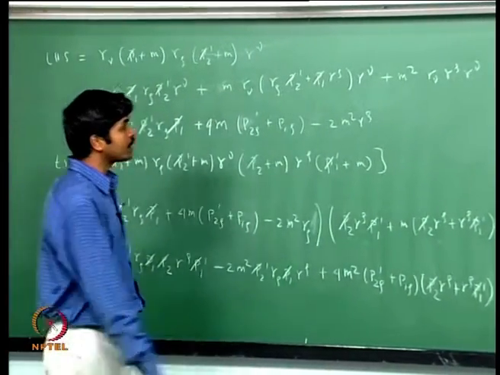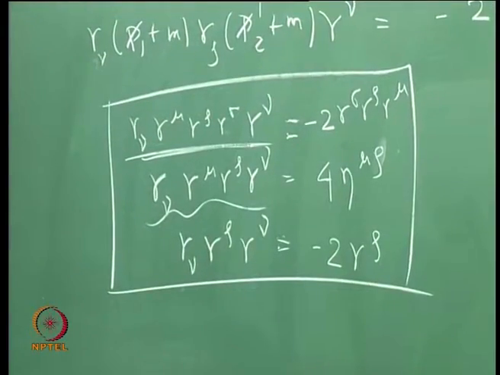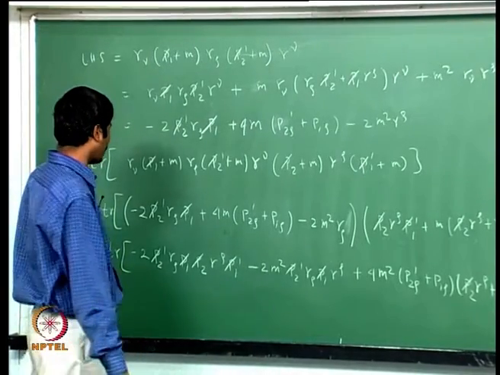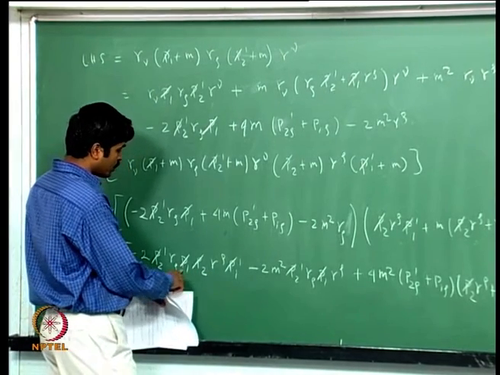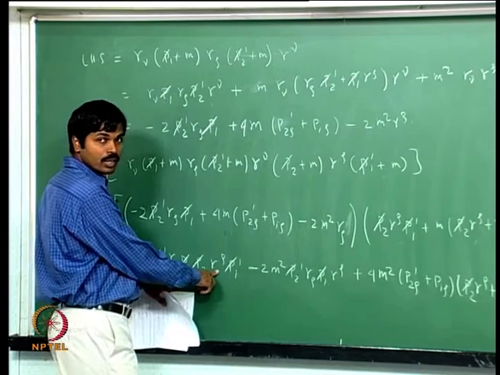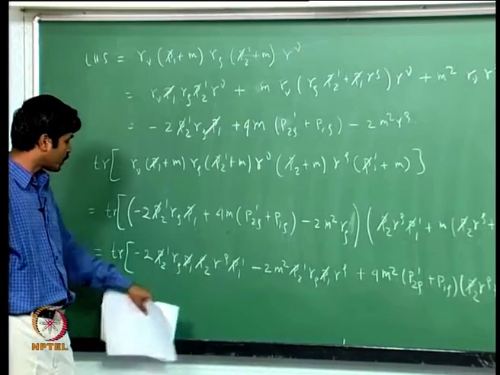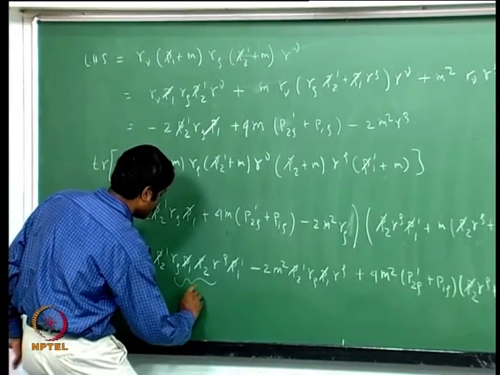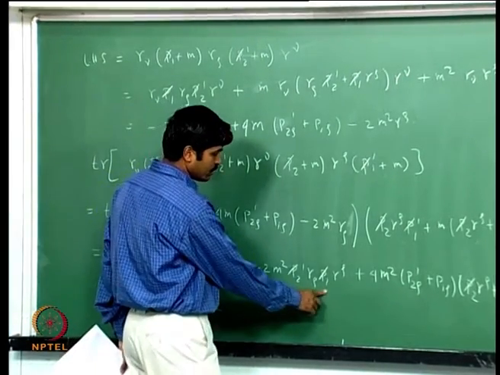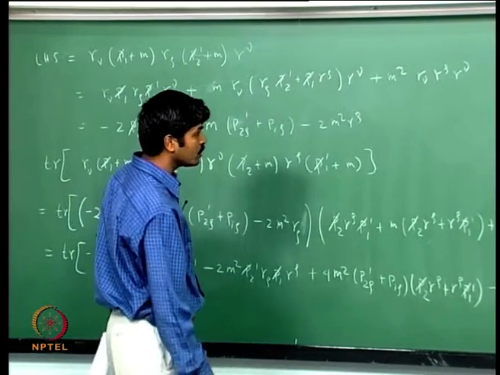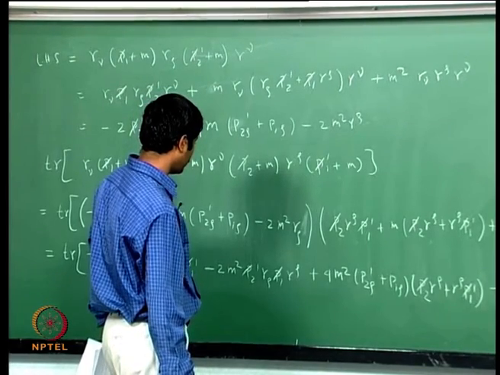Now, again I will repeatedly use these identities. So, the last 2 identities are useful now. Look at this one, it is gamma rho p 1 slash p 2 slash gamma rho. What will this be? 4 p 1 dot p 2. And here this one is minus 2 gamma rho, okay.